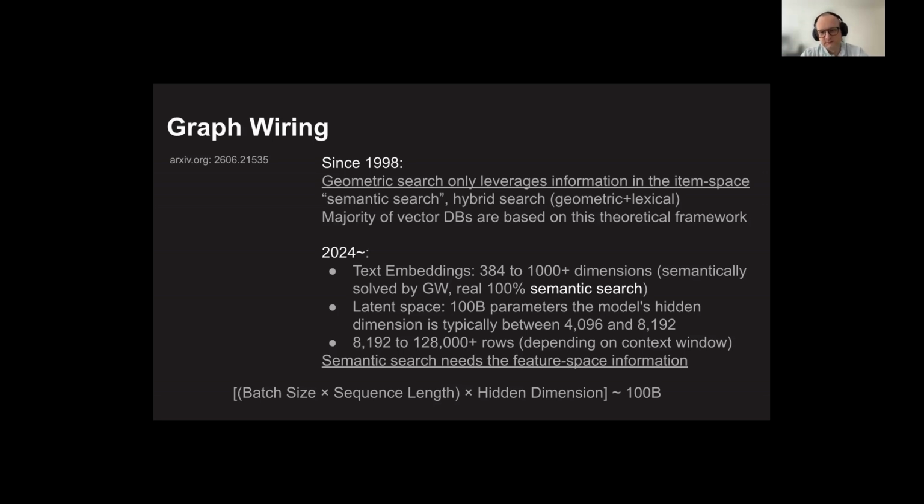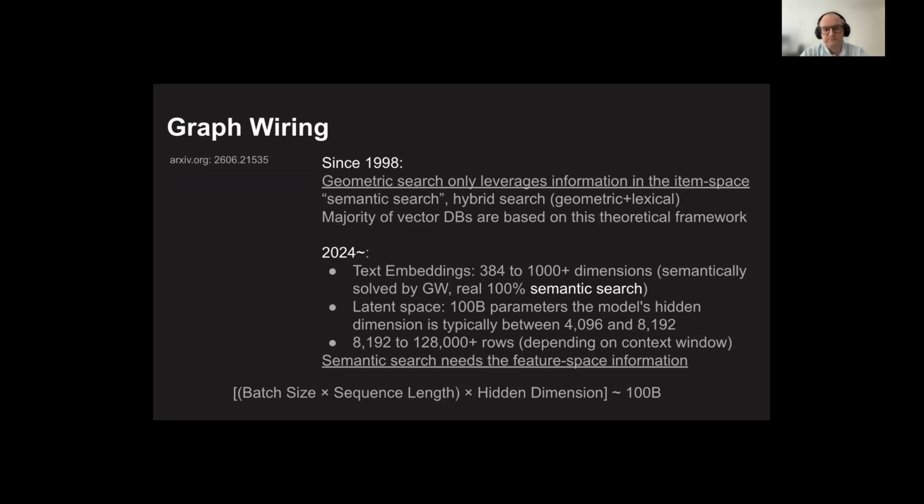Since 2024, with the relevant increase in dimension for text embeddings, we moved from relatively low dimensional spaces to vector spaces up to 100, 1000, and even 10,000 dimensions.